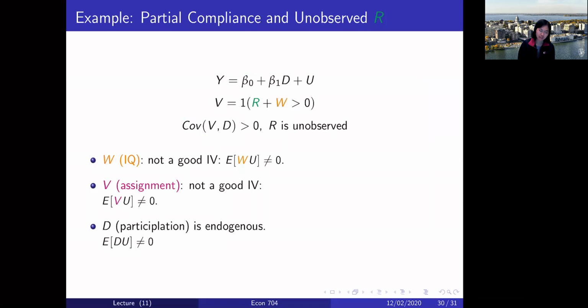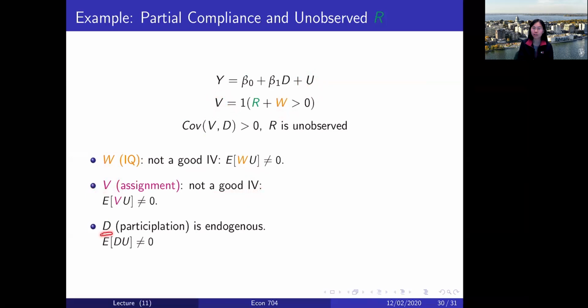Now, let's look for other IVs. Is W a good IV? W is IQ. It clearly is not a good IV because it doesn't satisfy the exogeneity condition. It's correlated with the potential untreated outcome. V clearly is also not a good IV because V is correlated with U because of W, so V is not exogenous.